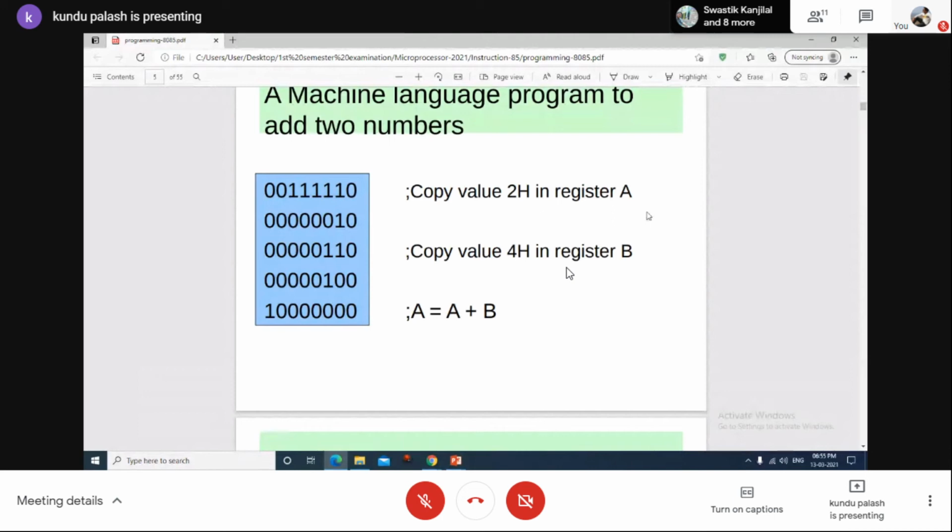But the instruction cannot do anything until it has got the operand part. For example, MVI A, the mnemonic part, followed by a comma and 2H. 2H is the operand in hexadecimal number, which indicates to copy the hexadecimal value 2 in the register A.